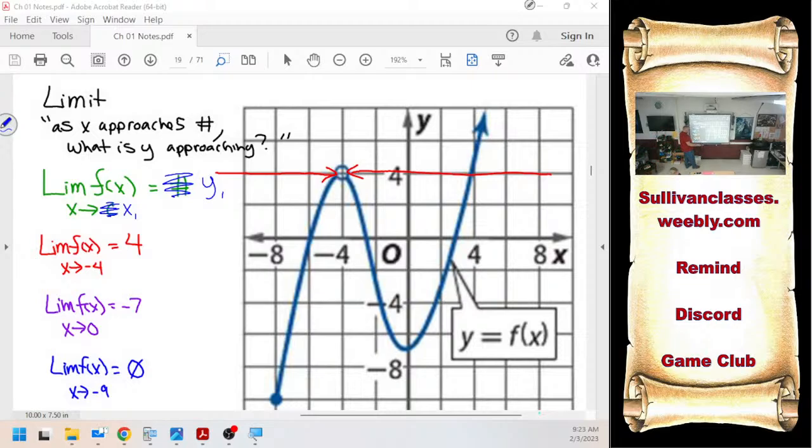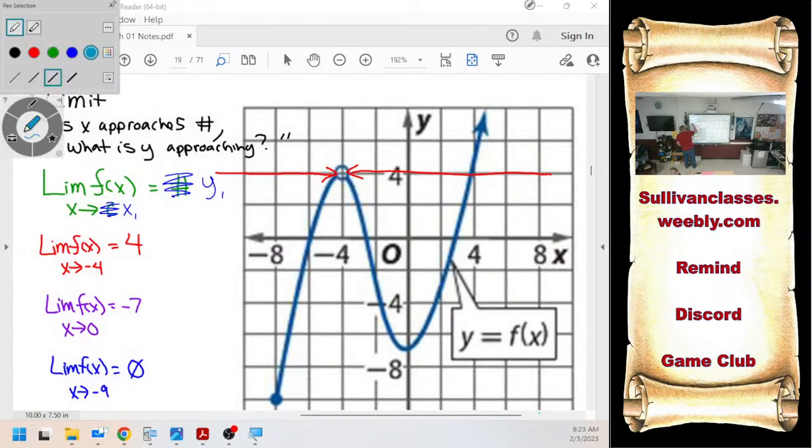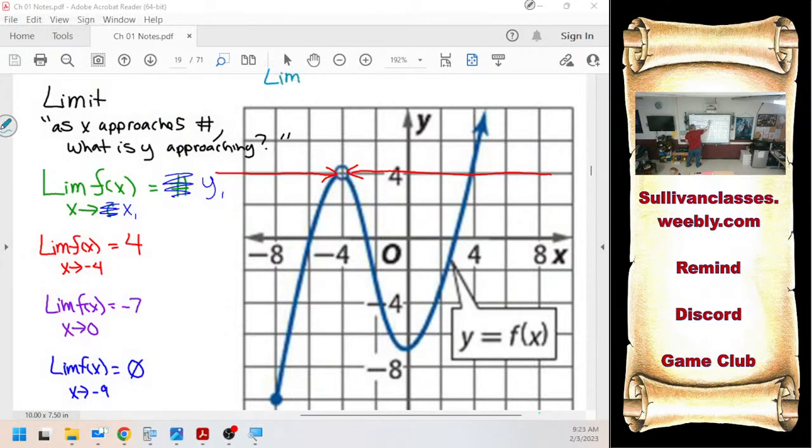In some cases, depending on what the domain is, I might be able to approach something from only one side. Like, I could do the limit of this function as x approaches -8. Can I come at -8 from both sides? No. I can only come at it from one side because -8 is where the domain begins.